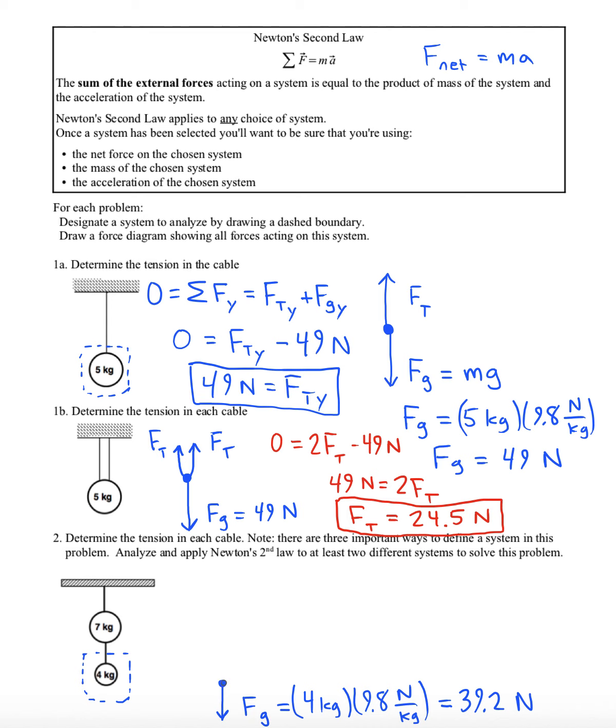Now let's show how it's being held up. It's being suspended by a tension force, which I'll call T2, because I want the upper tension to be T1. We can clearly see by the symmetry of the situation here that T2 has to be 39.2 newtons.